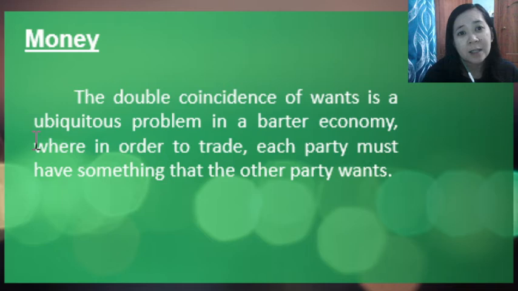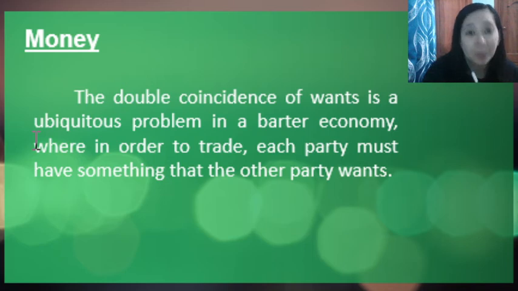The double coincidence of wants is a ubiquitous problem in barter, where in order to trade, each party must have something that the other party wants. What I want may be more than what I can give you, or what I want will be lower than what you can provide for exchange. So there is no equal value of exchange in bartering.